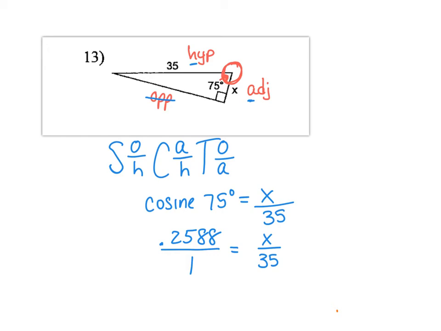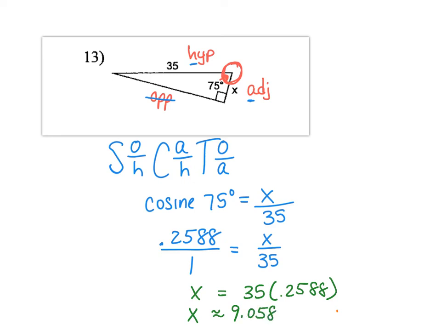So if I cross multiply, I get 1 times x equals 35 times 0.2588. Again, 1 times x is x equals 35 times 0.2588. Back to our calculator, we already have 0.2588 in our calculator, times 35 is approximately 9.058.